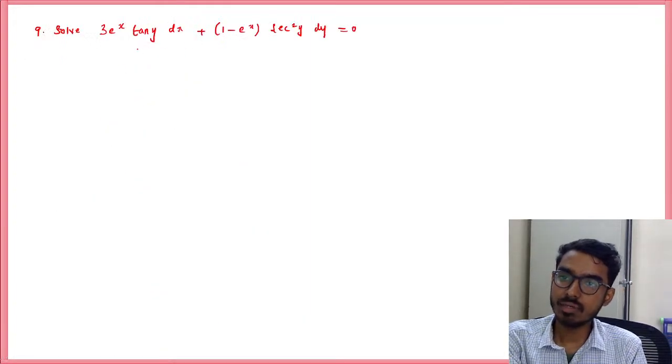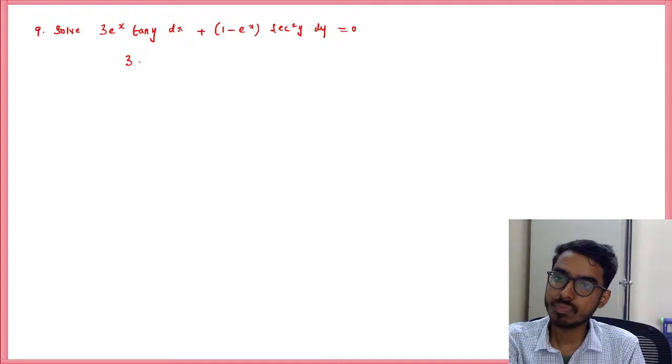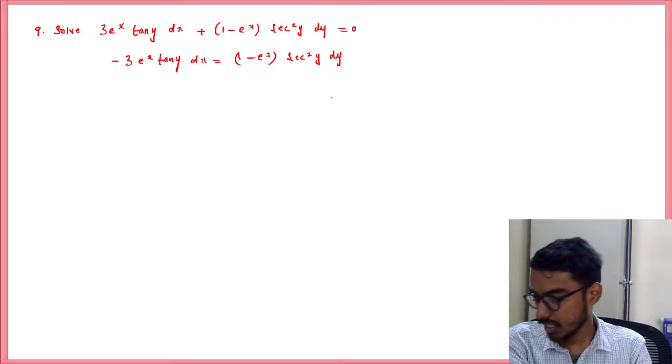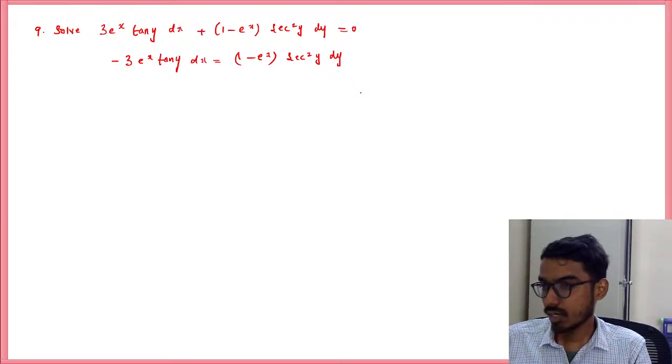Let us take dx to one side. So 3 e power x tan y dx equals (e power x minus 1) divided by secant square y dy, right? Secant square y dy.